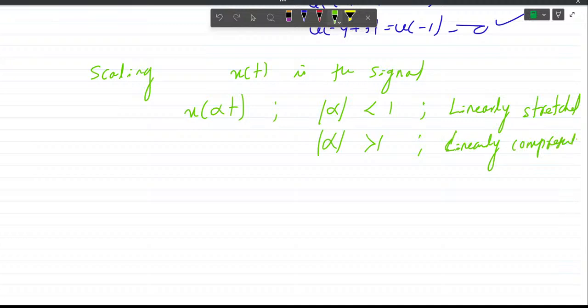I will show it by an example. Let x of t be shown like this. That is your 1, let's say 1, and this is your 3.